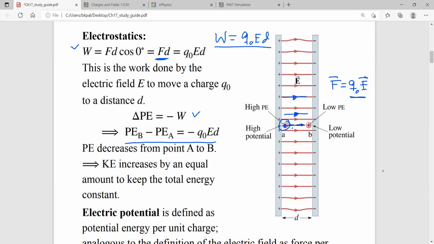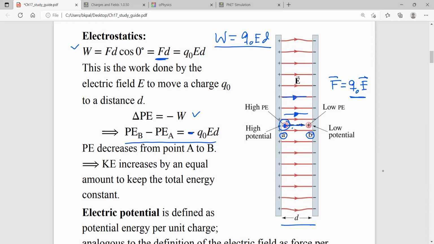What is d? d is the separation between the two plates, and again it is the displacement of the charge. Because of this negative sign, it tells us that as it is going from position A to position B, its potential energy decreases.